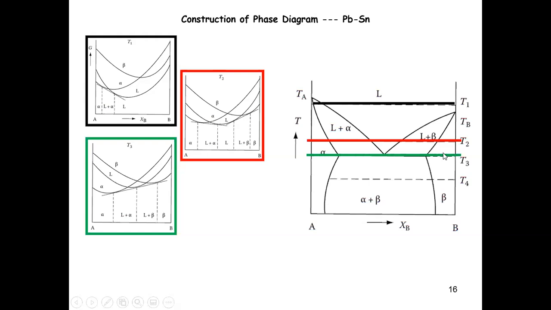We're missing one region. We don't have a liquid. So at this particular point, I should have a three-phase coexistence. But where is that coexistence region on the phase diagram? Is this a clear question?